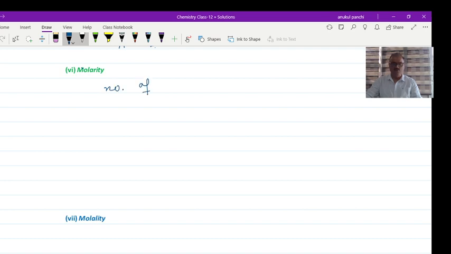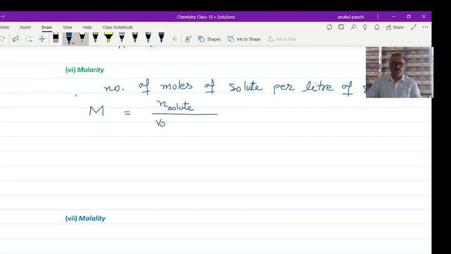Number of moles of solute per liter of solution. Molarity is represented by capital M. Molarity is equal to number of moles of solute upon volume of solution.